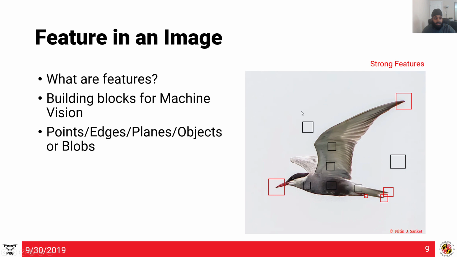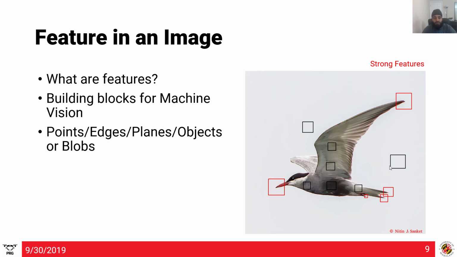For example, if I consider this block and this block, and I want to match these features, are these two features the same? My answer would most likely be yes, because most of them represent the same shade of gray. I cannot distinguish between this feature and this feature.